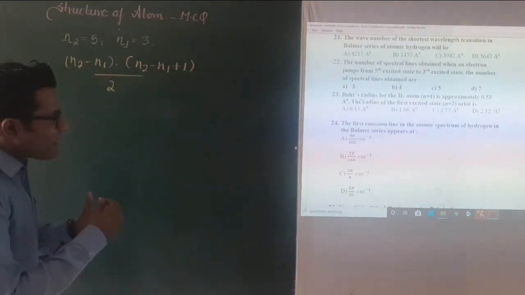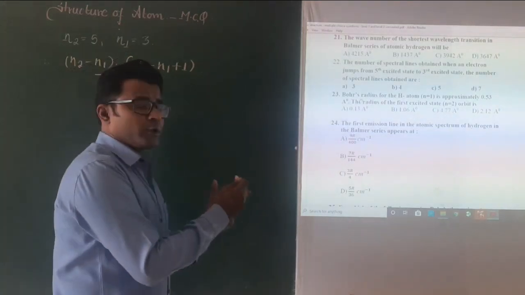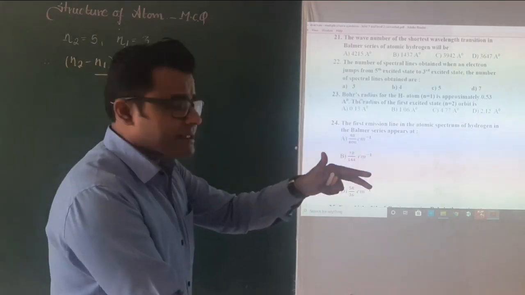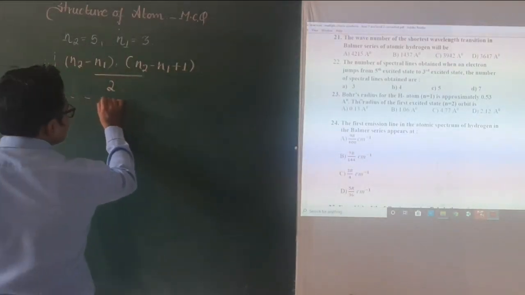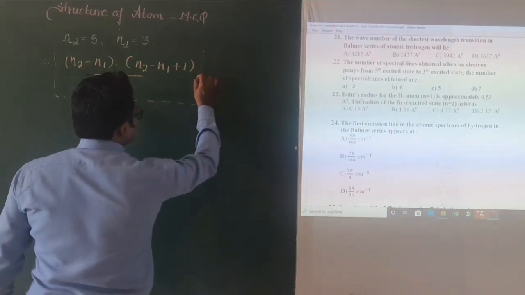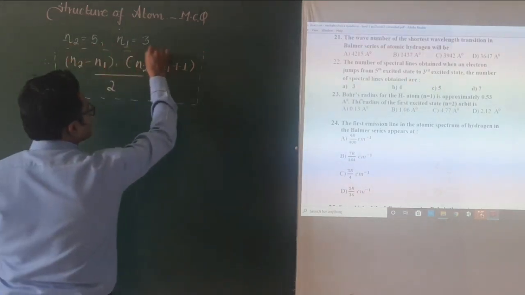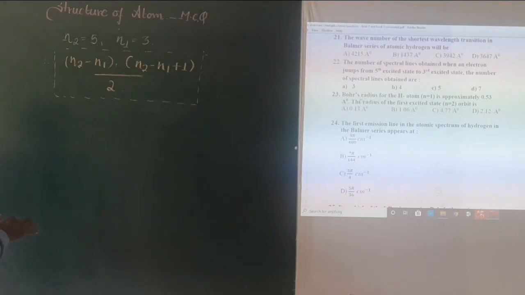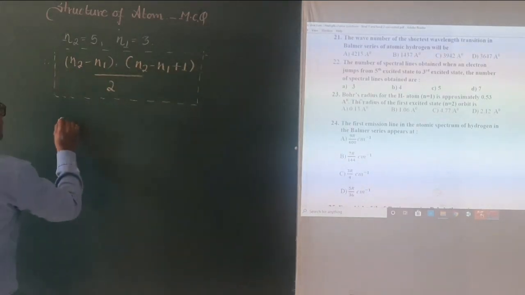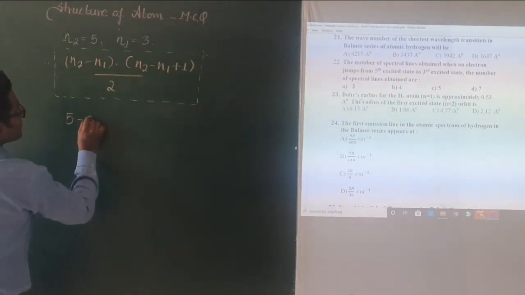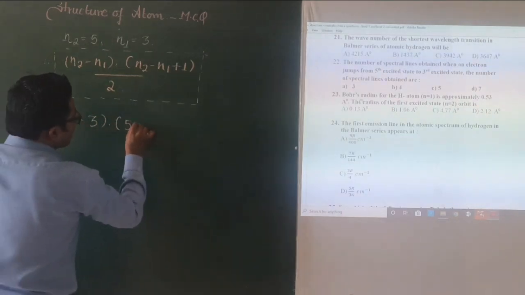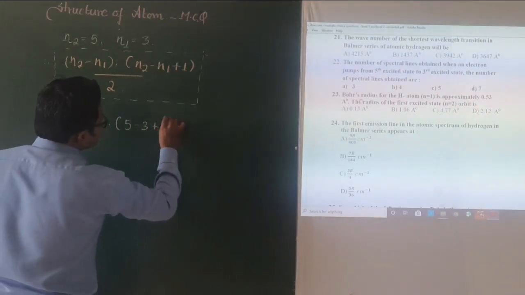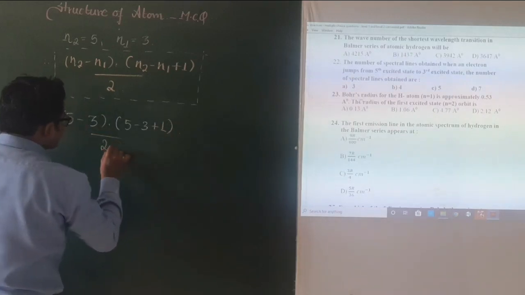For understanding the transitions that are going to occur between two different states, this is a formula we usually take. So now substituting into this formula, 5 minus 3 into 5 minus 3 plus 1, divided by 2.